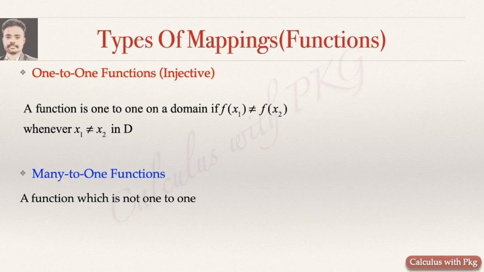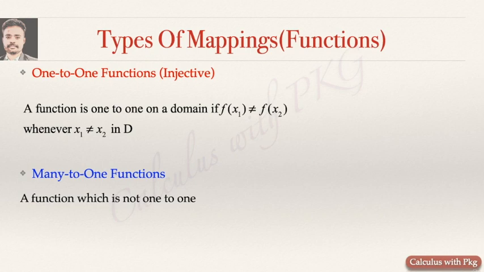Now we can assign the elements from the codomain to elements in the domain in a one-to-one fashion or in a many-to-one fashion. So what is a one-to-one function? By the name, it's clear that exactly one element from the codomain is assigned to a unique element present in the domain.